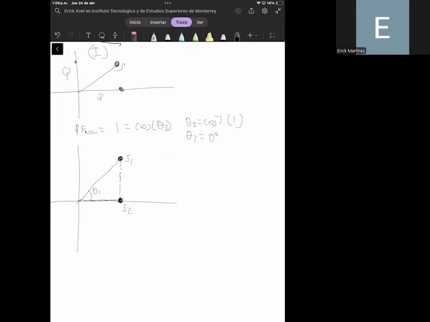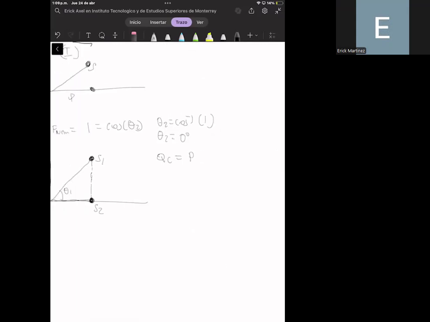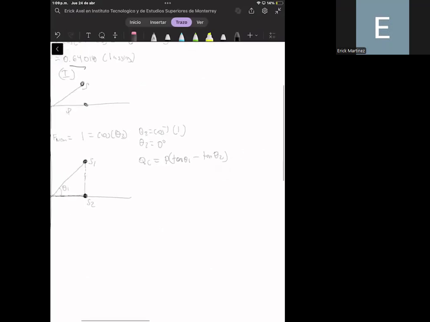So the formula that you can use to compute that reactive power that the capacitor needs to deliver is the real power of the circuit times the tangent of the first angle minus the tangent of the second angle, okay?